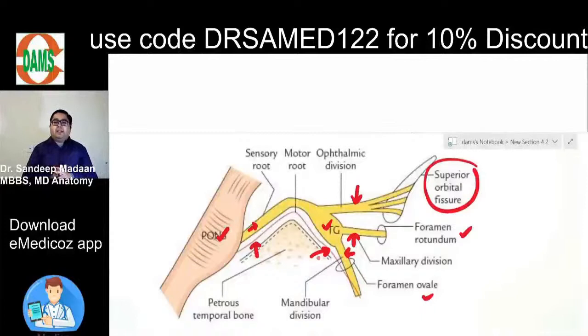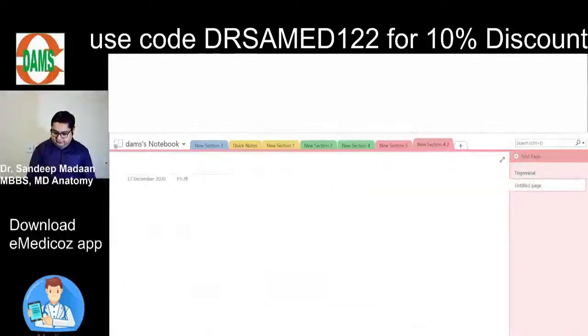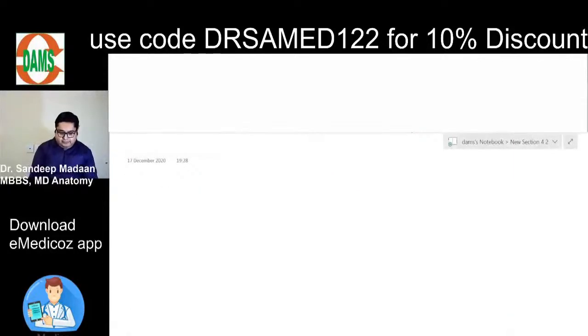Now that we have understood this much, what are we going to do? We are going to make a schematic diagram, and with the help of the schematic diagram, we will be learning the further course. All right. So what we have learned, this is our brainstem.